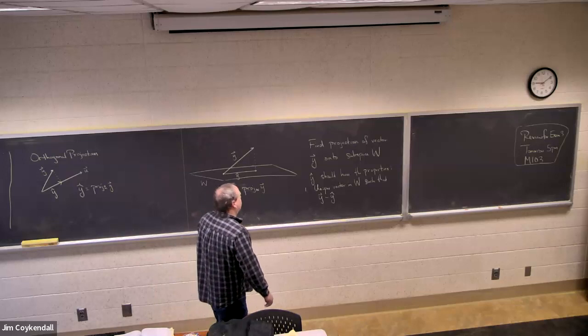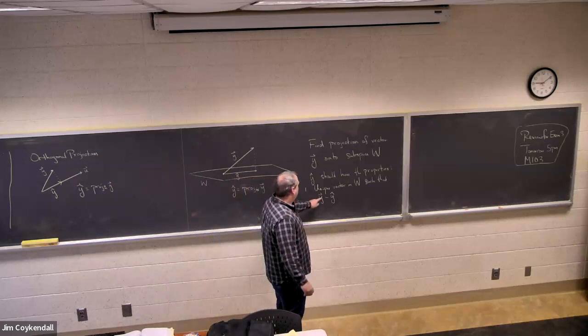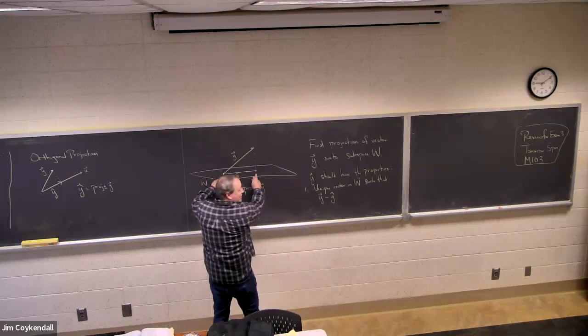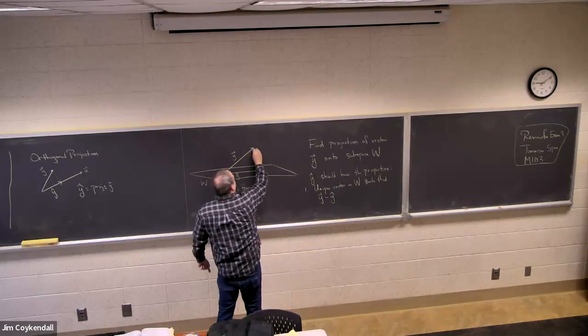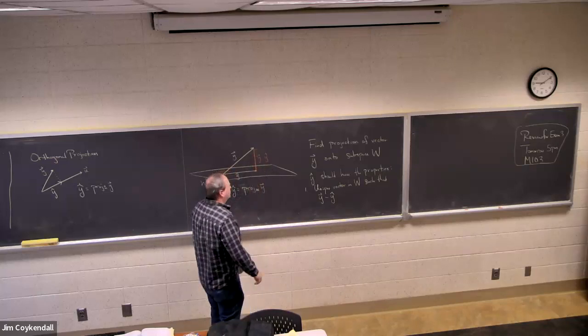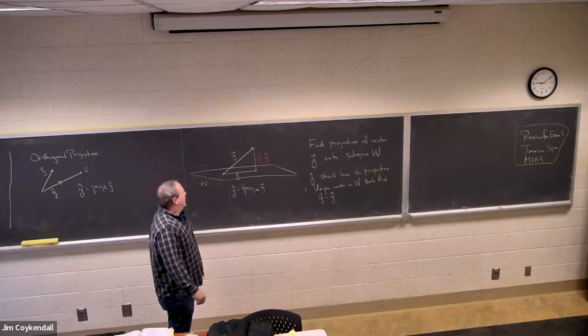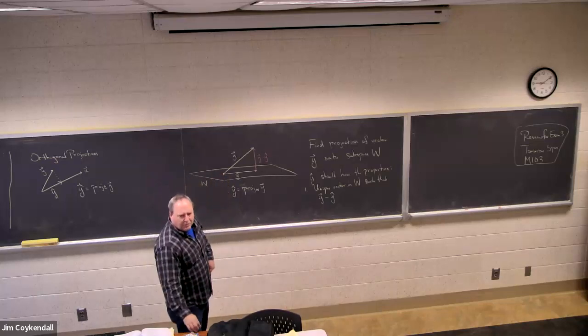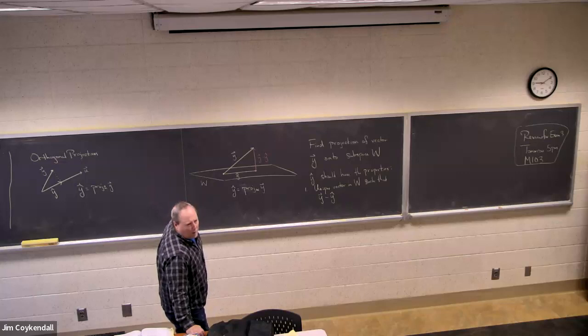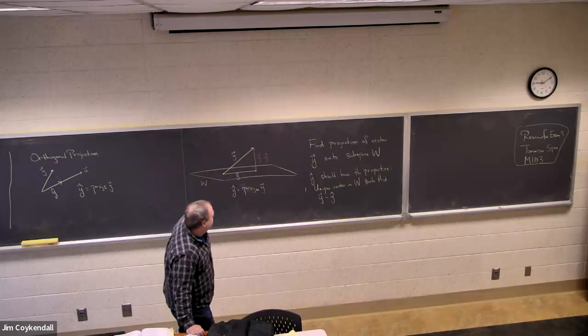Well, when I add y minus y hat to y hat, which is here, I should get y. And what's the relationship, just from this picture, between y minus y hat and W? It's orthogonal.